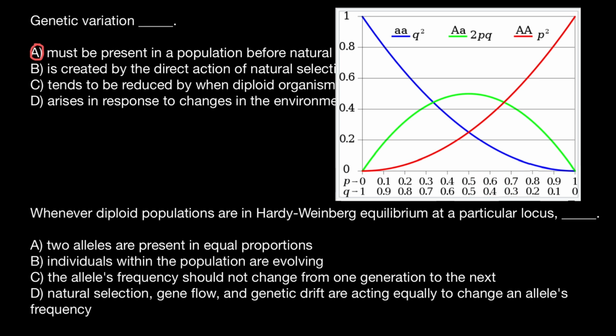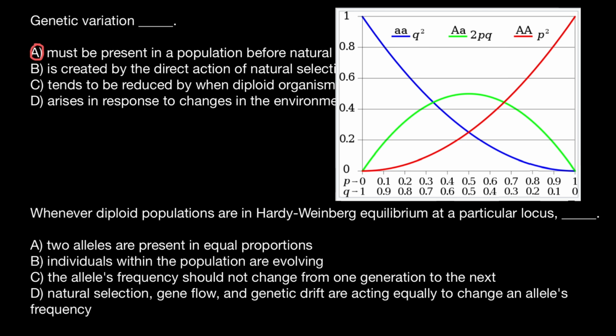In order for a population to be stable according to Hardy-Weinberg equilibrium, these three lines represent three different genotypes: blue is homozygous recessive, green is the frequency of the heterozygous genotype, and the red line represents the frequency of the dominant genotype.